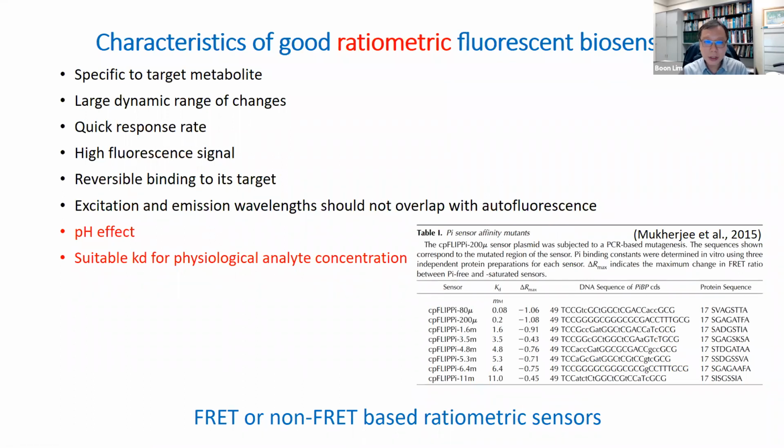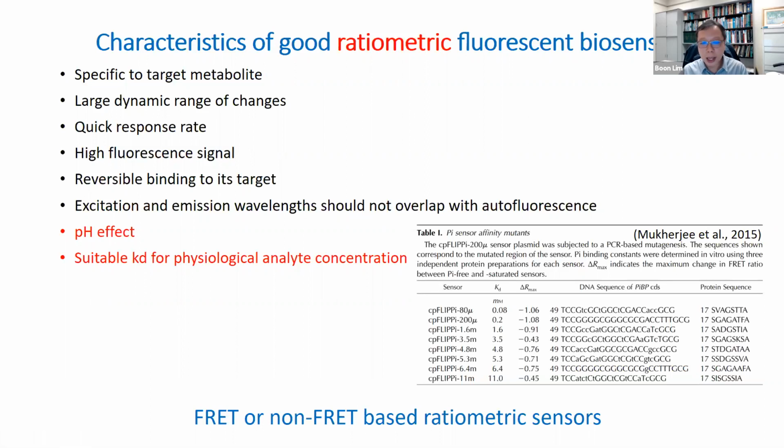Now there are many different ratiometric fluorescence biosensors, and their characteristics include that they are specific to their target metabolites. They have a large dynamic range of changes, a quick response rate, high fluorescence signals, reversible binding to the targets, and their excitation and emission wavelengths should not overlap with autofluorescence.